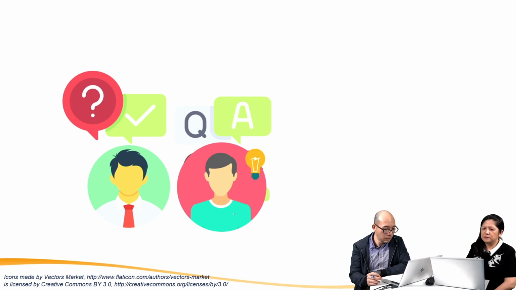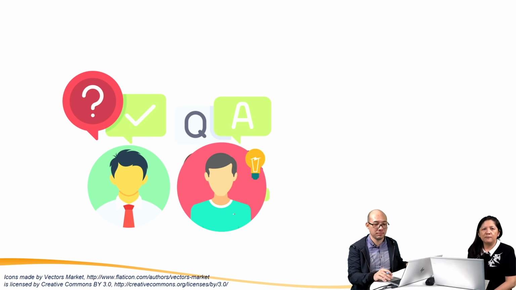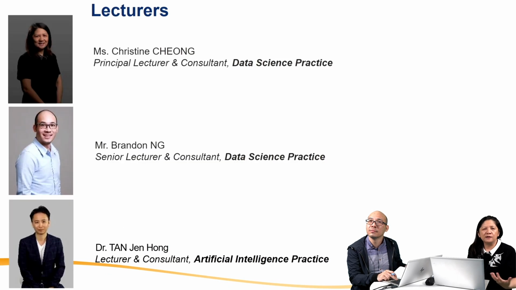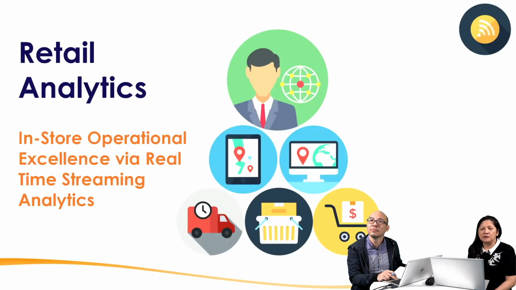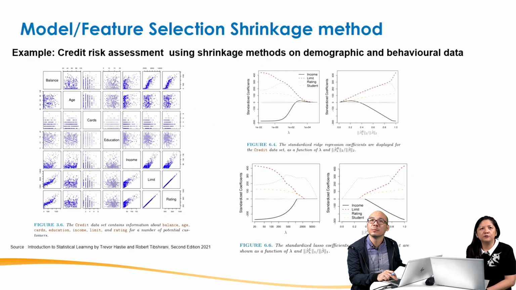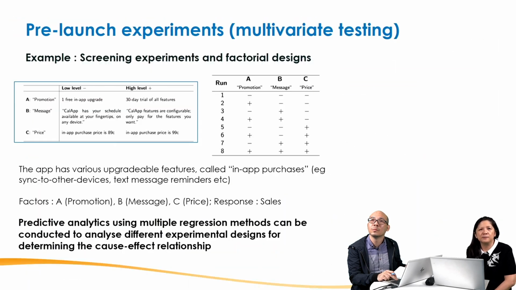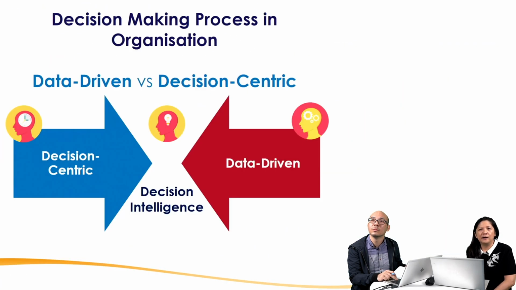Okay, there's a question on the difference between predictive and prescriptive analytics. So maybe I'll just start first and then Brendan can add on. As you saw earlier when we first introduced predictive analytics techniques, for example, statistical and machine learning, as well as experimental design for predictive analytics, those are statistical tools used for prediction, and in the case of experimental design, trying to understand the cause and effect relationship between the predictor variables and the outcome variables.